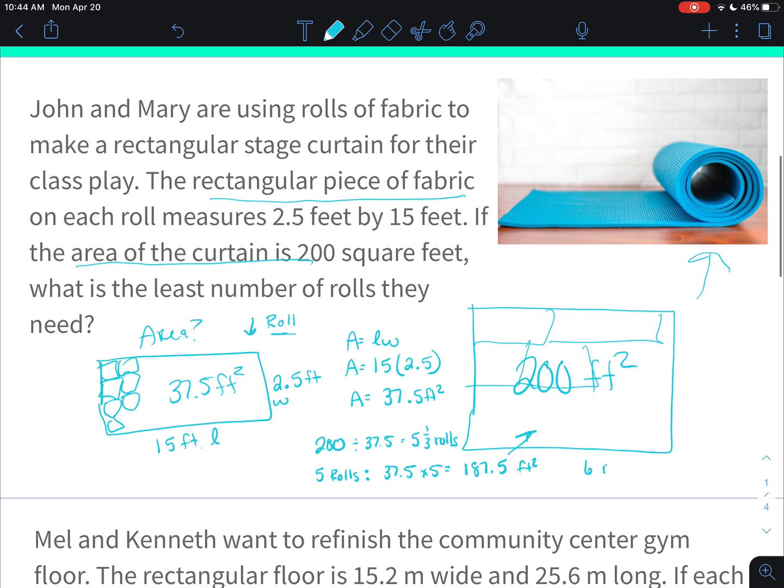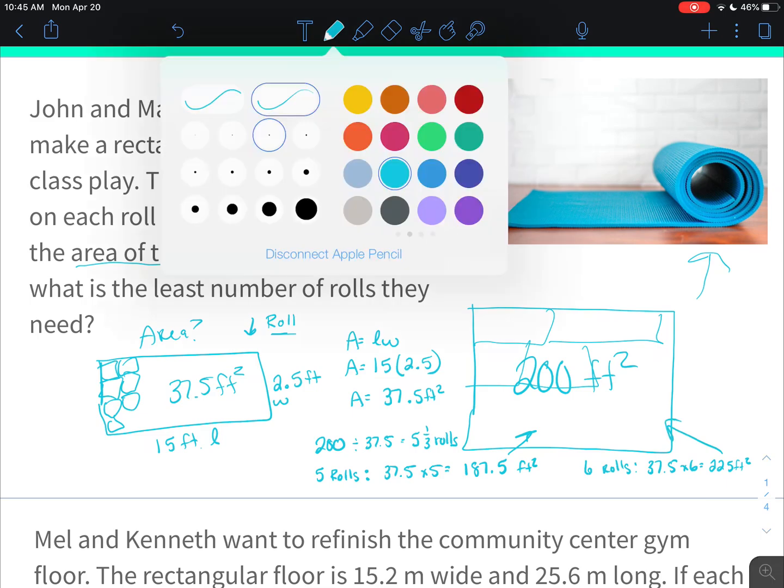So if I think about 6 rolls, 37.5 for each times 6, 37.5 times 6 gives me 225 square feet. I'll have a little left over, but I have enough to make my curtain at that point.